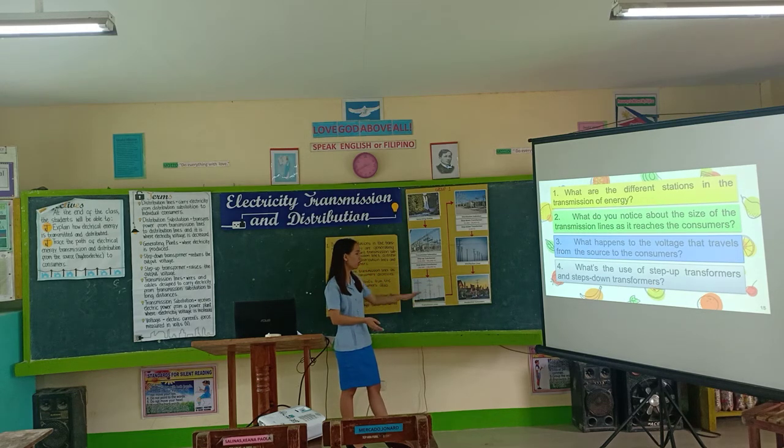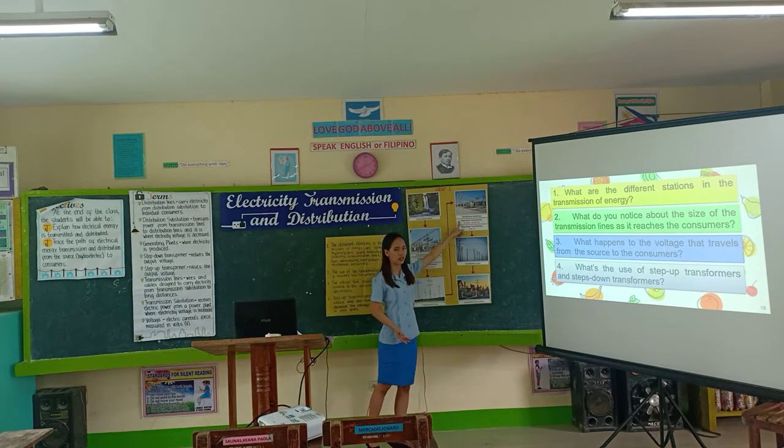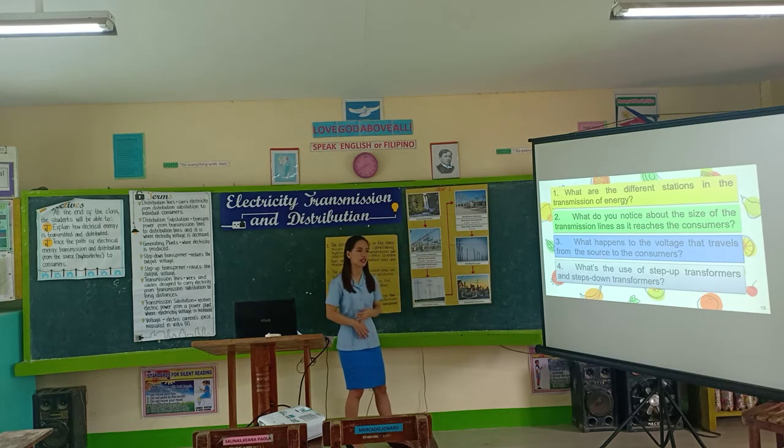After that, we have the transmission lines. What's the use of the transmission lines here? They carry the voltage from the transmission substation to the distribution substation, or to long distances.